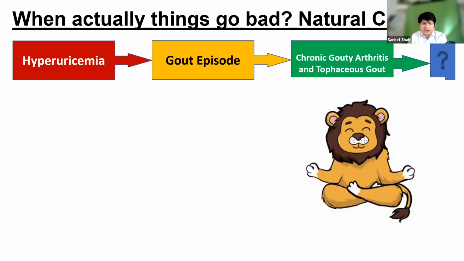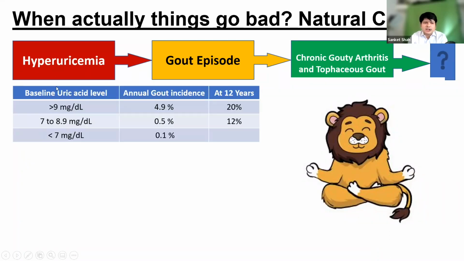Why? Because there are very good studies which tell us, if your baseline uric acid is 9 milligram per dL or more, your annual gout incidence is 4.9%, and at 12 years you have a 20% chance that you will develop a gout episode. So 80% will not develop gout at all despite having a uric acid level of more than 9 milligram per dL.